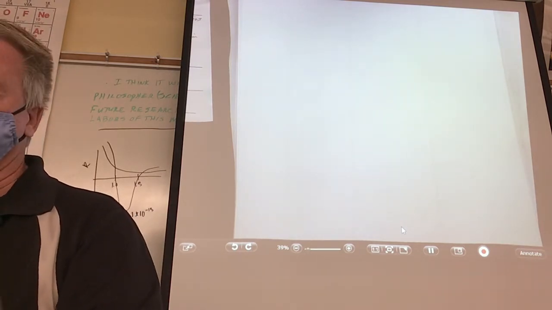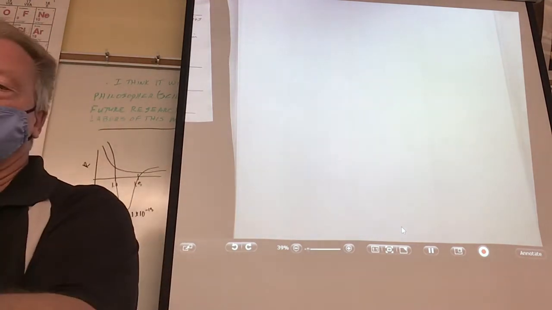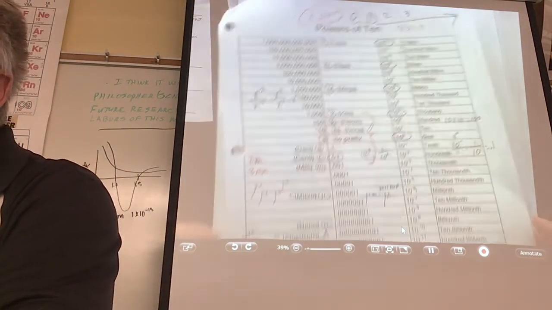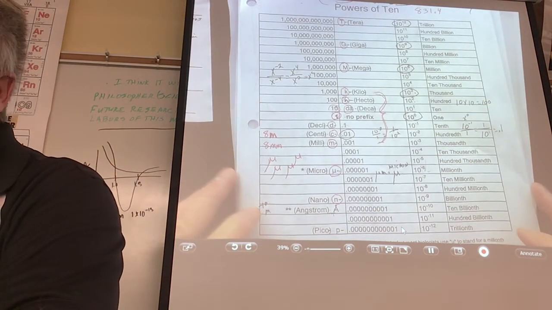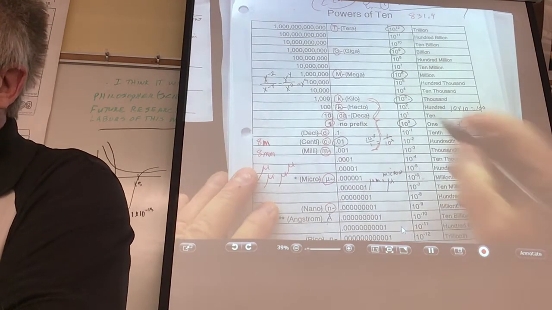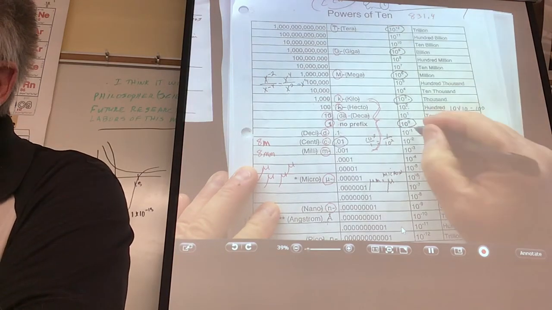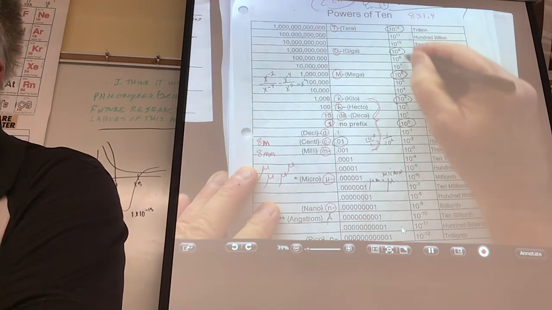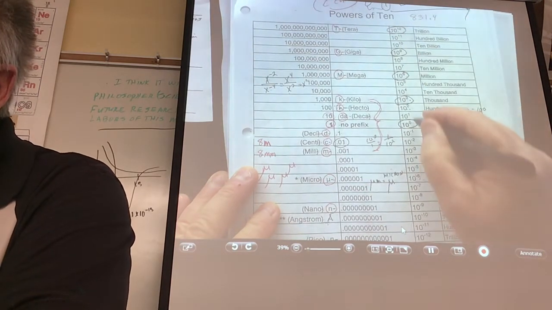Now, the last thing I want to show you today, the new part of the lesson, I want to go back to this one more time. We've looked at this every day now, and I want you to pay attention. This is important. When I look at this chart, every one of these numbers here that have a positive exponent, what can you tell me about them?